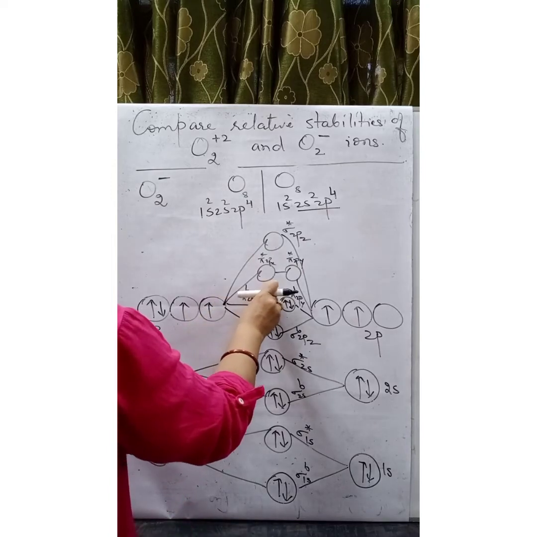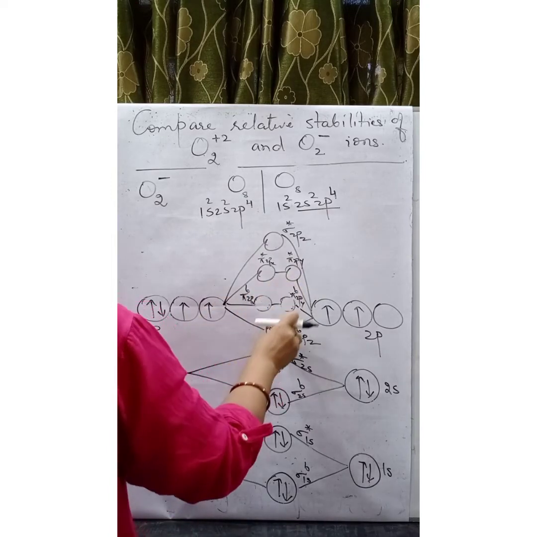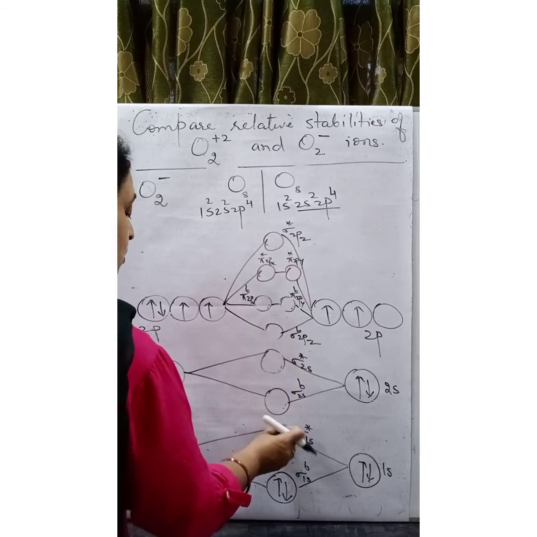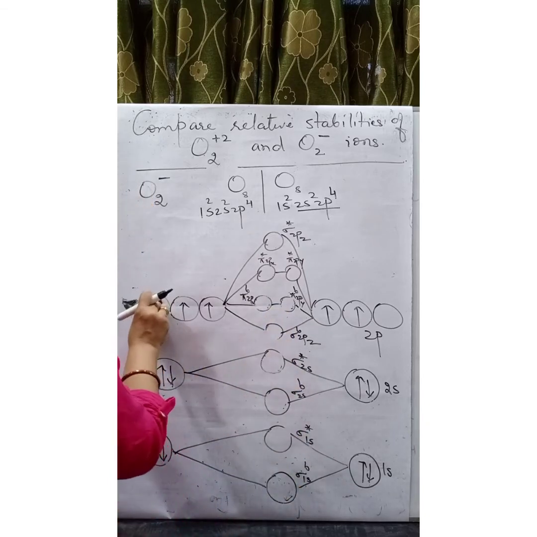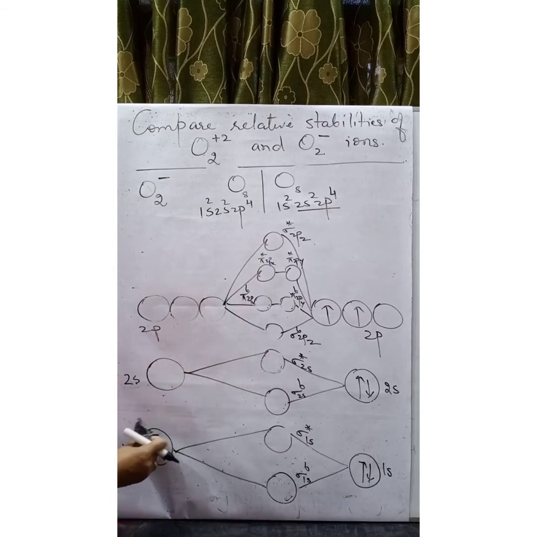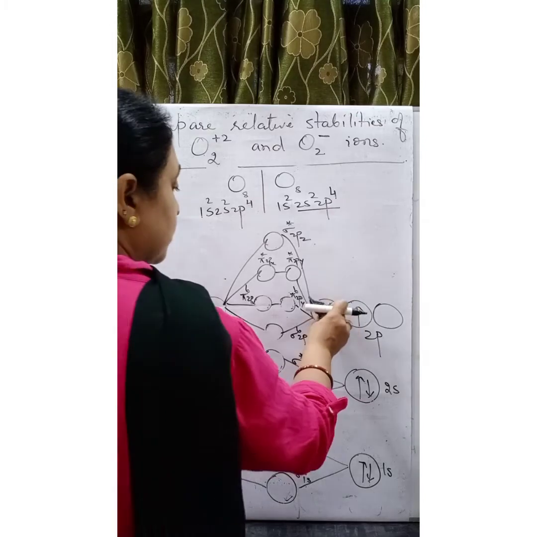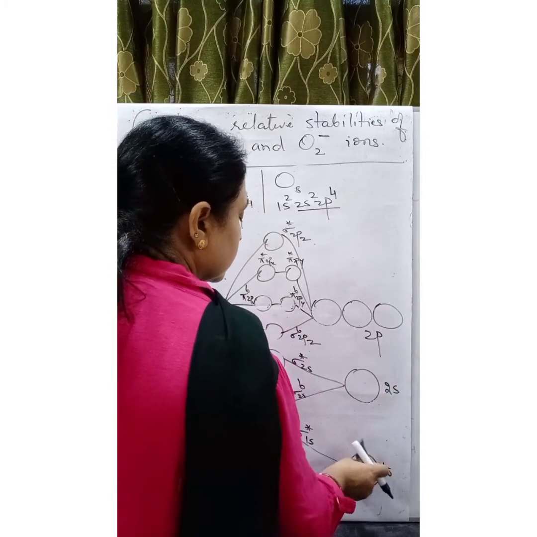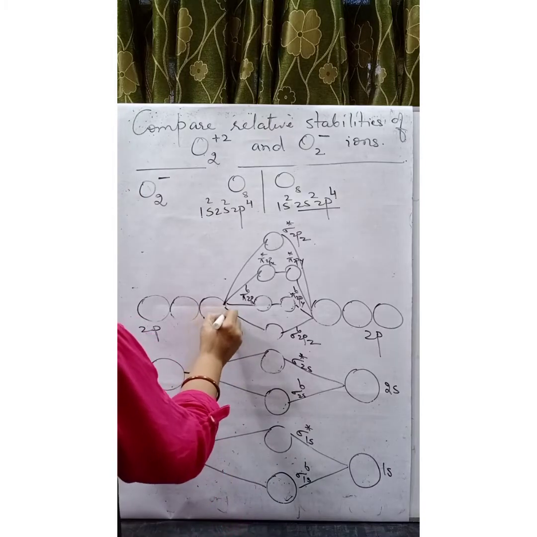So I am just rubbing. The orbital diagram is going to remain the same everywhere. I am just making changes in the same one, but you have to draw another orbital diagram. Let us see now.